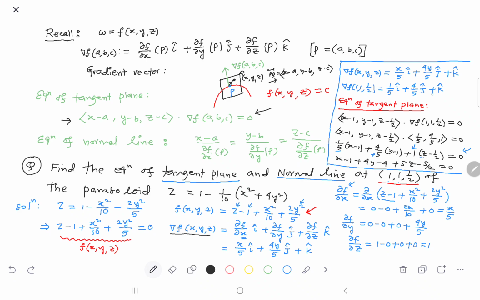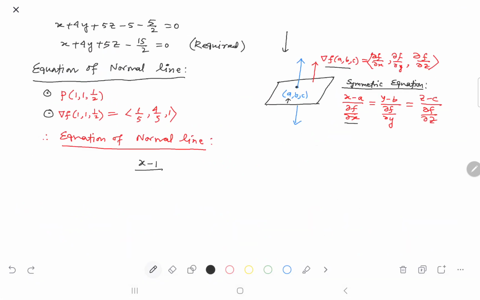So then 1/5, so just 5x minus 5. Then 4/5, then g minus 1/2, and here 1. Got it? So this is the symmetric equation of the normal line.